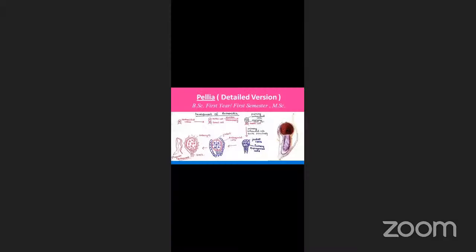The antheridial jacket is a single cell layer, inside which the androcytes are present. The stalk is at one end. The stalk has two cells. Simple.